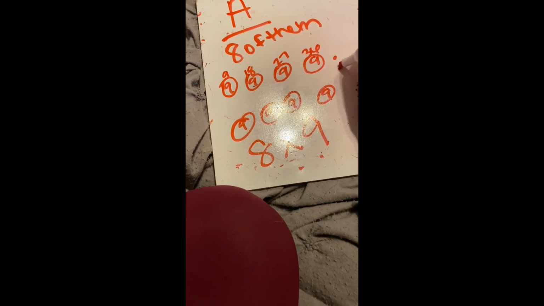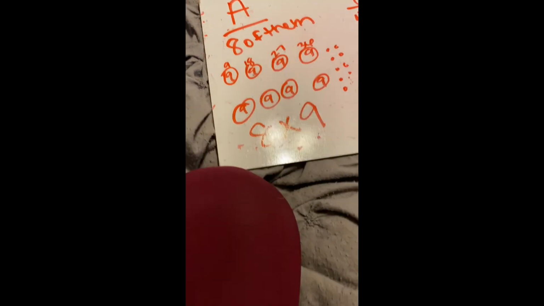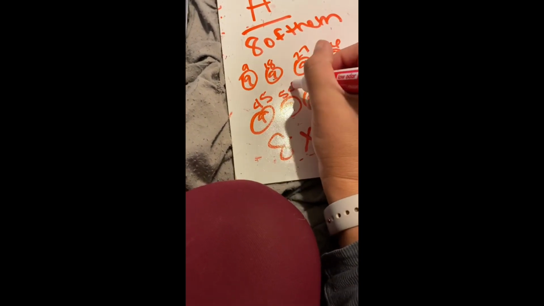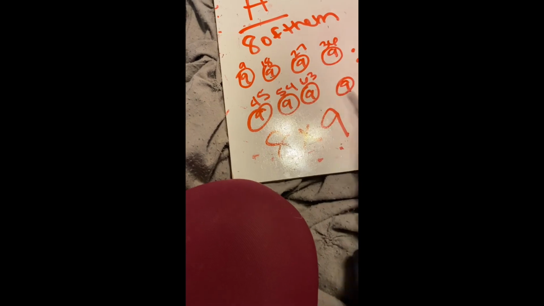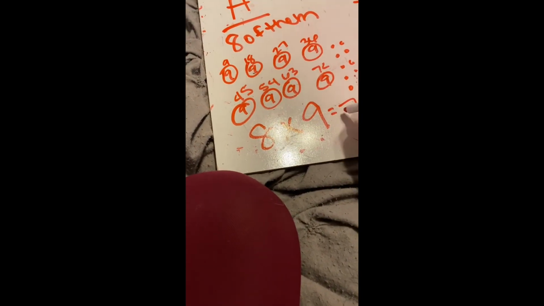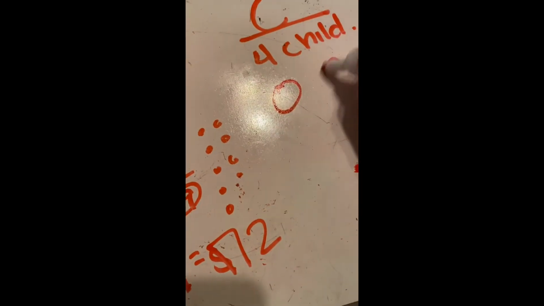Remember, if you don't know, 8 groups with 9. Draw out your dots. 45, 54, 63, 72. The adults cost $72.